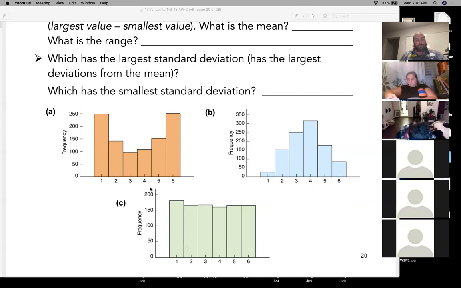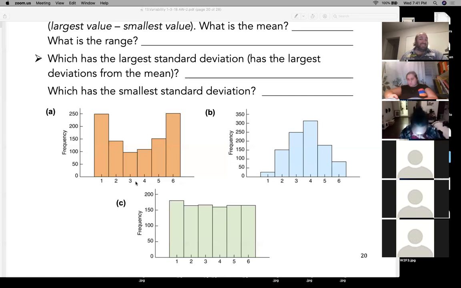Is it 5? Now 5 is over here. That doesn't look like the average or the balance point. Like 3.5. Mm, 3.5. Yeah, 3.5 looks good. What do you guys think about 3.5? Sure.